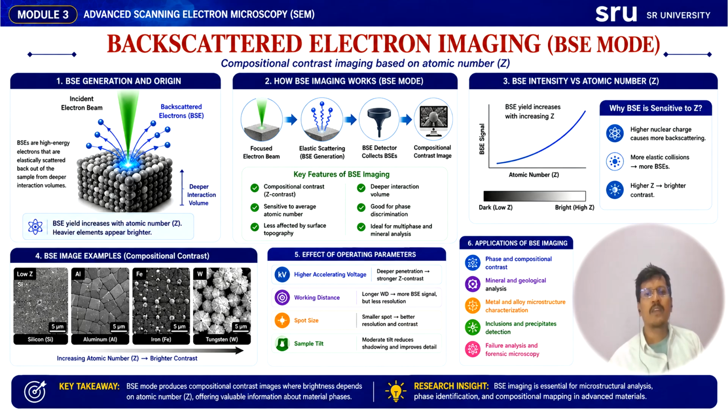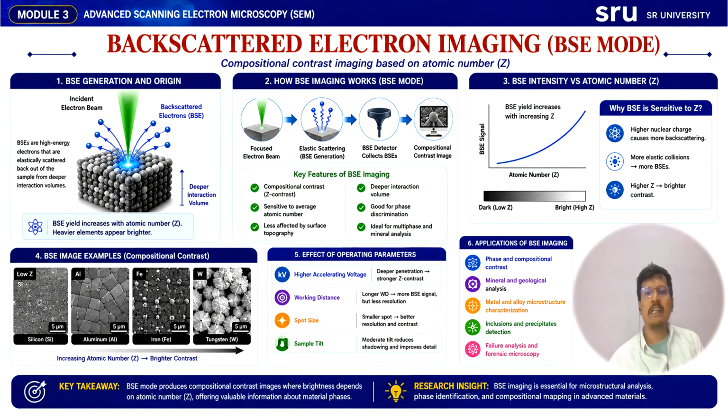Here we have several examples where brightness increases with increasing atomic number. This clearly demonstrates how backscattered imaging can distinguish different phases in multi-phase materials.